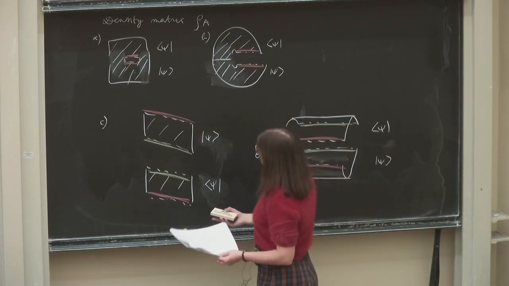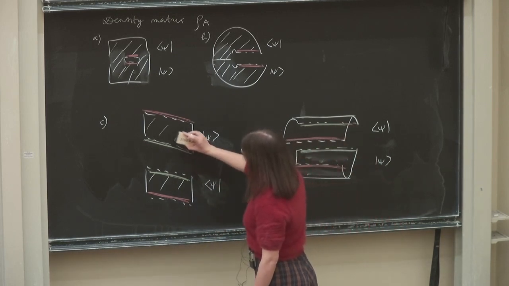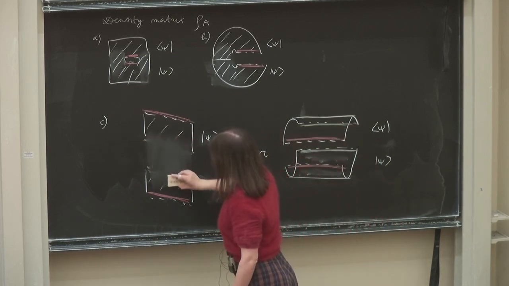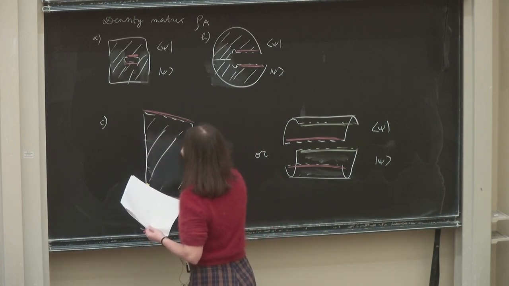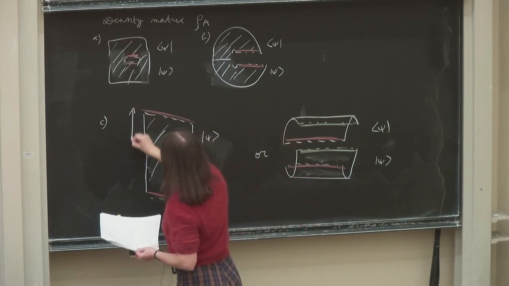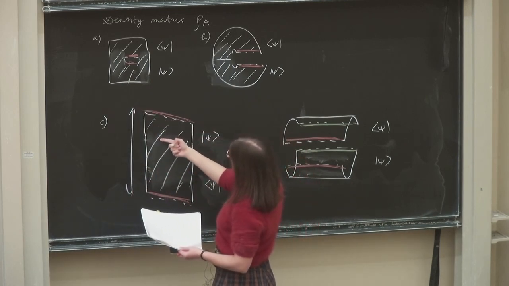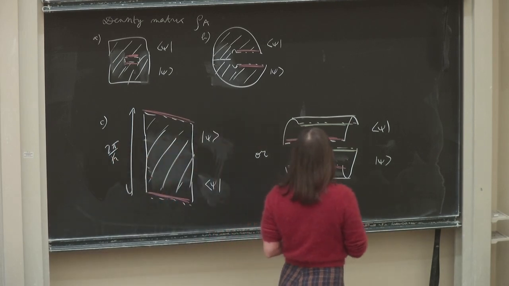Here we glue along the green line, so that we now have a strip of length, each of these was pi over kappa, so we now have a strip of length 2 pi over kappa.